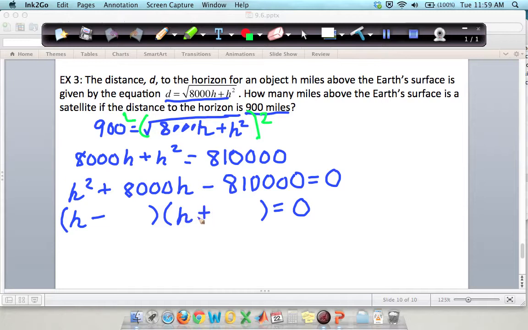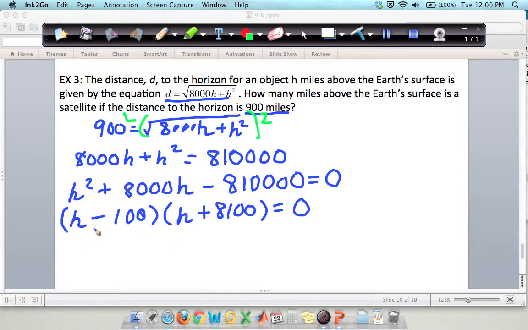And then I just have to figure out a combination that works. And with a lot of practice and trying numbers, I see that a positive 8,100 and a negative 100 is what works. Because when you multiply these together, you get negative 810,000, and when you add them together, you get 8,000.